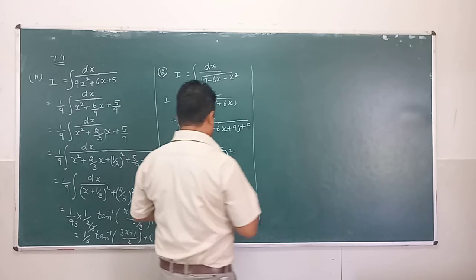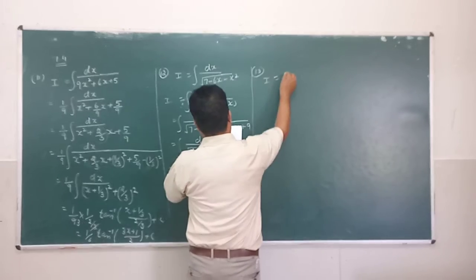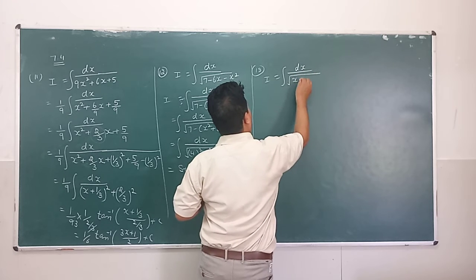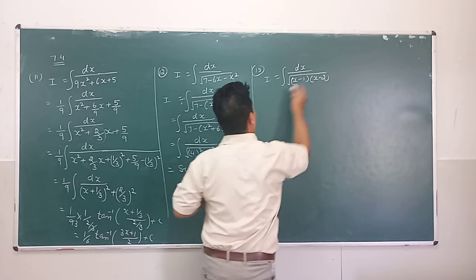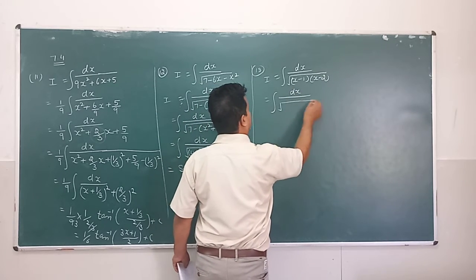In the next question, question number 13, the statement is I equals integral of dx upon square root of x minus 1 into x minus 2. In this question, first we multiply these two.